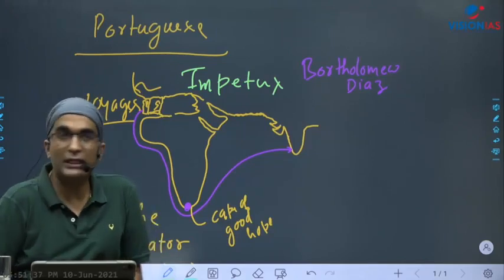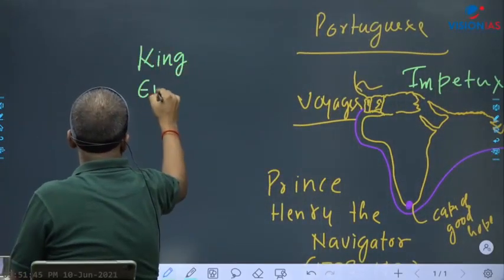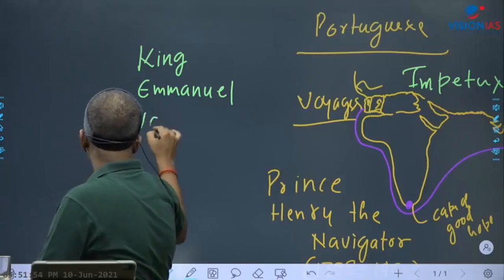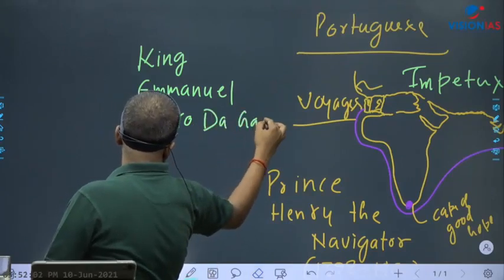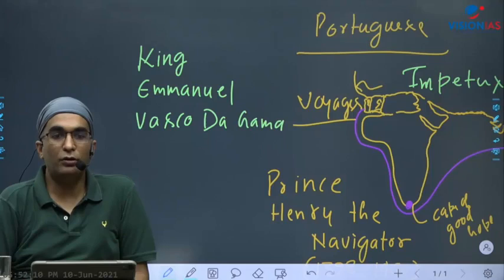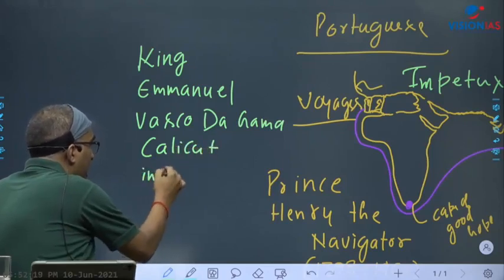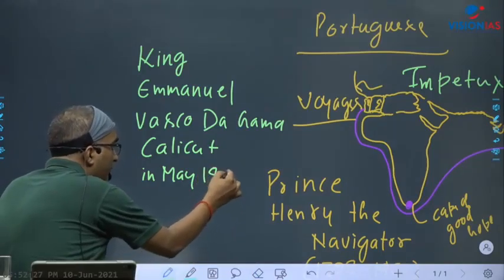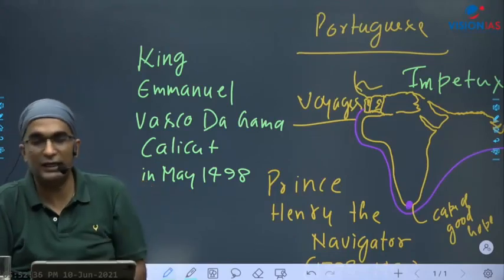So, you mention, during the tenure of King Emmanuel, a sailor, Vasco da Gama, reached the coast of Calicut in May 1498. Coast of Calicut in May 1498.